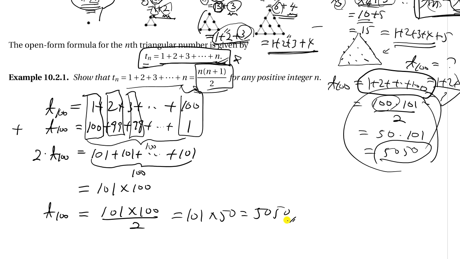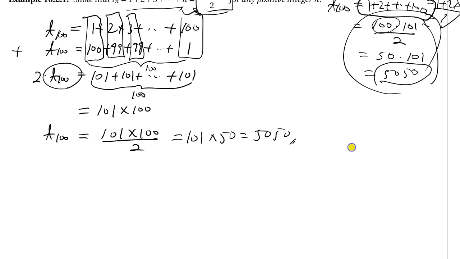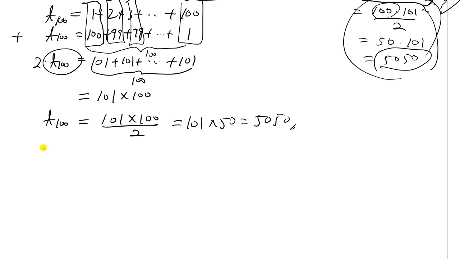Okay, so this method is not only to calculate that special case, we can generalize this entire method. Let's say for any positive integer n, we can write down that one like this, and we write again n plus n minus 1 plus and up to 1.